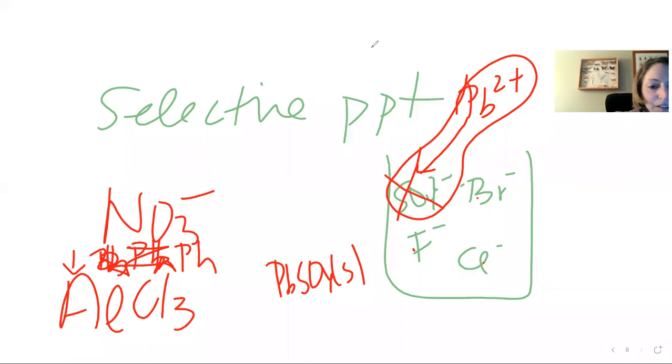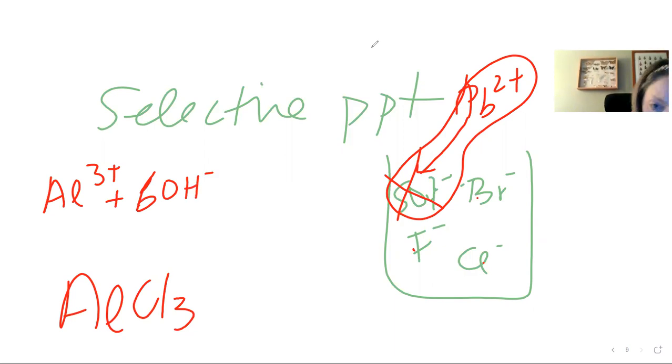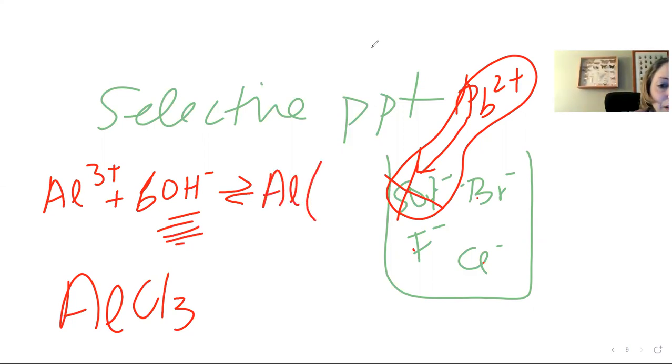But the funny thing about that one, and this is pretty tricky, I admit, is aluminum does make complex ion formation with OH minus. It just said which one would be affected by pH. It doesn't say acidic conditions or basic conditions. So if you make a really high pH, you would make this complex ion, and that's going to mess with the solubility.